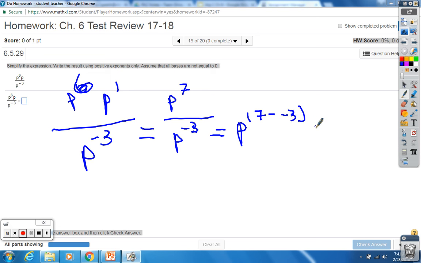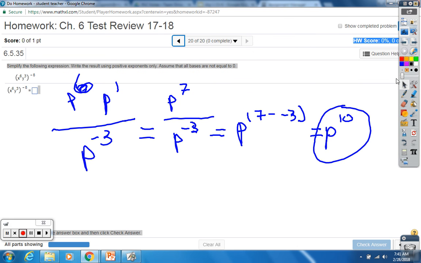Since we're doing a positive minus a negative, what we'll actually be doing is 7 plus 3. So that would leave us with p to the 10. Now we can have that as our final answer because we don't have any negative exponents anymore.